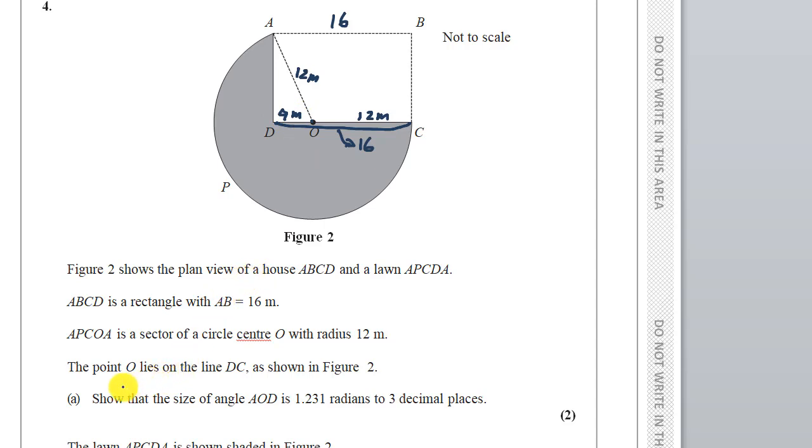Now, the point O lies on the line DC as shown in figure 2. Show that the size of angle AOD is 1.231 radians to 3 decimal places.